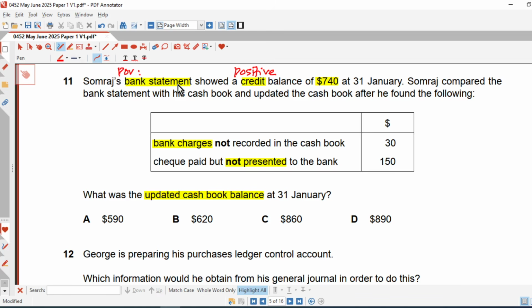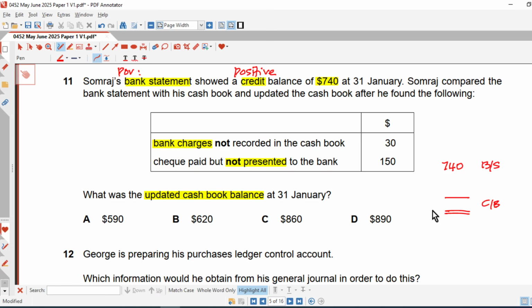So a credit balance on the bank statement is a positive balance. So you start from 740, this is the balance per bank statement, and you're going to reconcile to the balance per cash book.